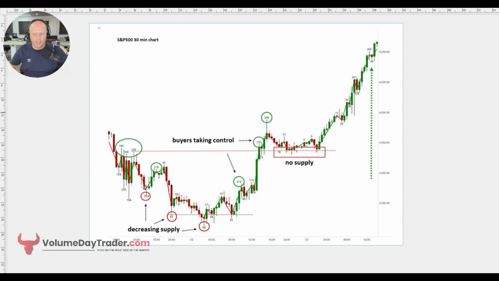This is the first place where the buyers come, and after this down move we could also see a very strong up movement on really huge volume. Up to this point it was the highest up-wave volume.